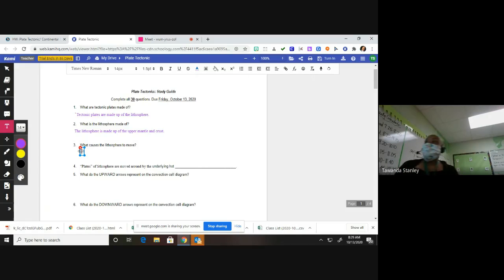Question three said, what causes the lithosphere to move? So what causes the lithosphere to move? Let me type it this way.